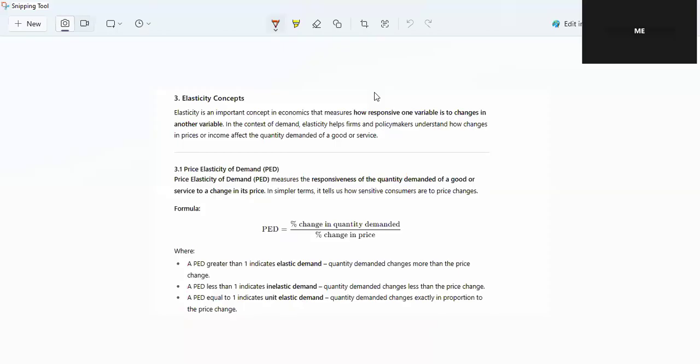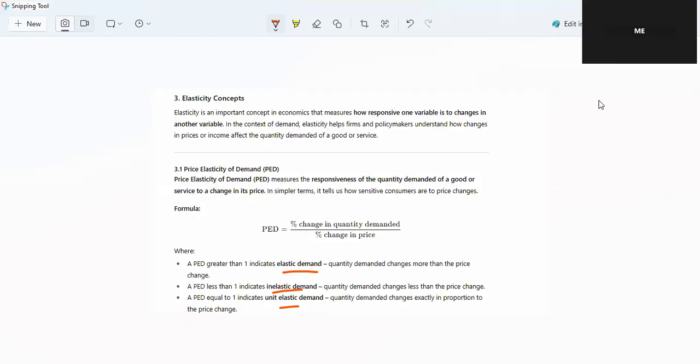So as you can see, price elasticity of demand is percent change in quantity demanded over percent change in price. If we get more than one, it means demand is elastic. If it's exactly one, it's unit elastic, meaning the change is exactly in proportion.